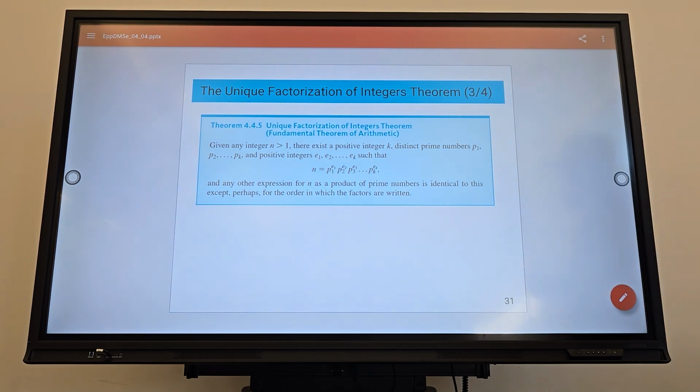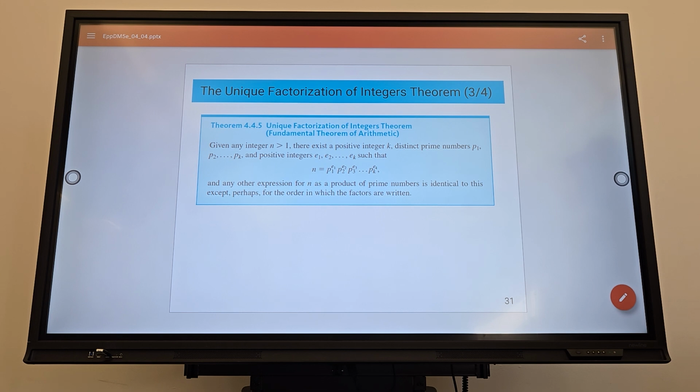Unique factorization of integers theorem. Given any integer n greater than 1, there exists a positive integer k, distinct prime numbers p1, p2, p3, and so on to pk, and positive integers e1, e2, e3 to ek, such that n equals p1 to the e1 power times p2 to the e2 power, and so forth to pk to the ek power.